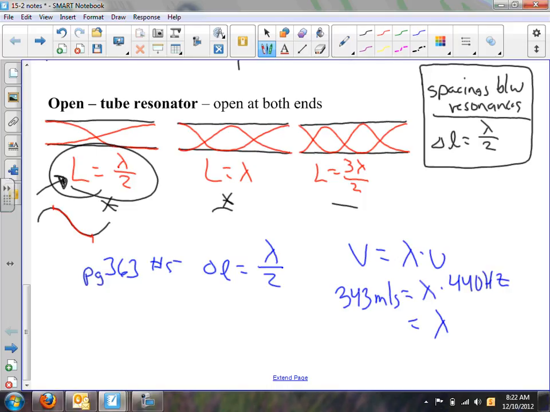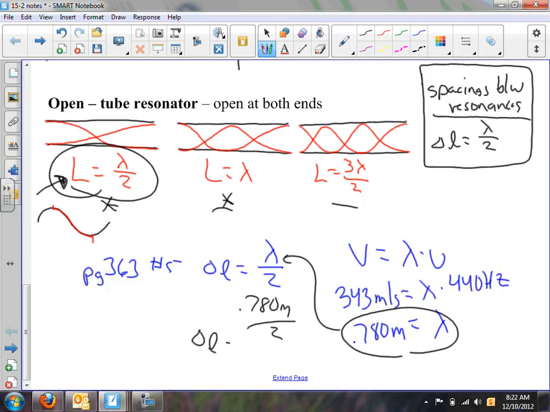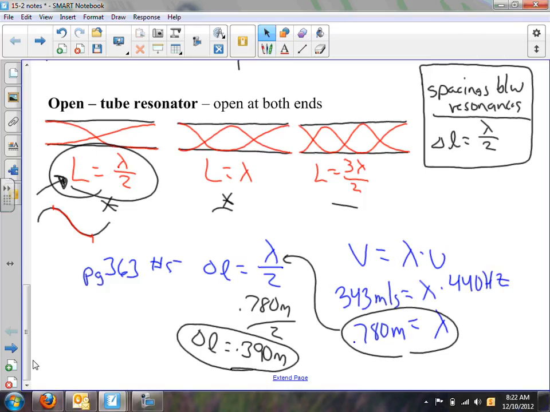So when you divide 343 by 440, you get a wavelength of 0.780 meters. If I then take this, plug it in here, 0.780 meters divided by 2 will tell me that every 0.390 meters, this particular closed tube should start to resonate.